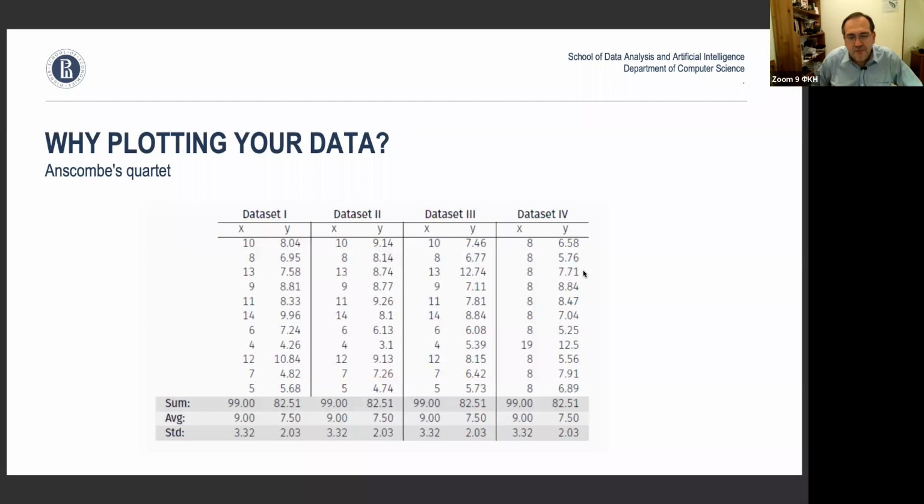Here's a famous data set. It's so famous, it has a name attached to it. It's Sir Francis Anscombe, a British statistician, who came up with this data set.